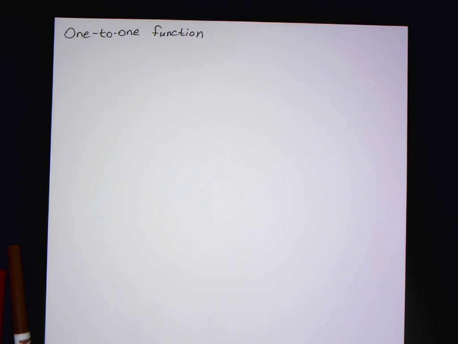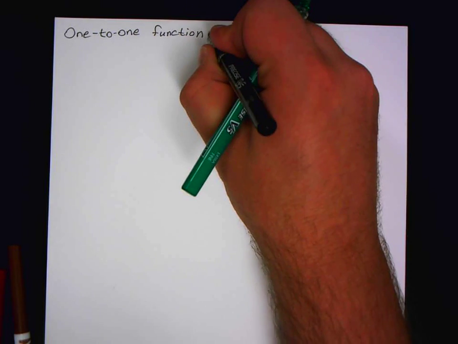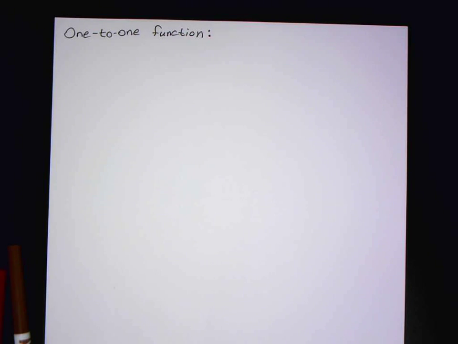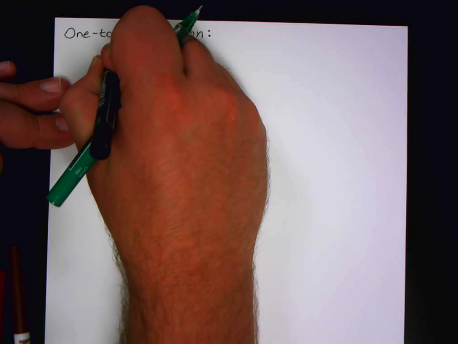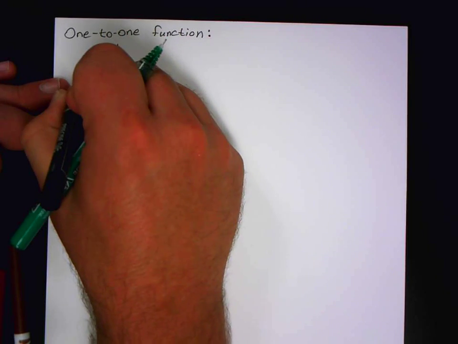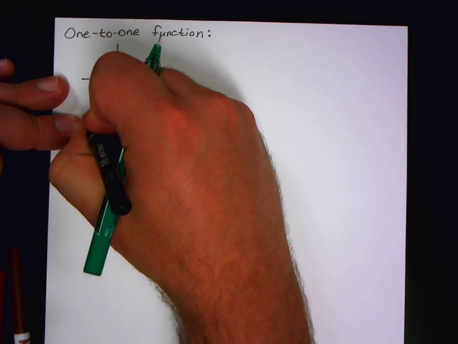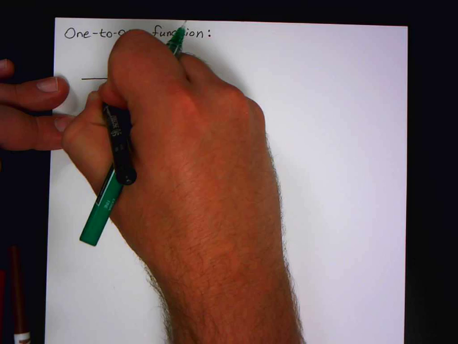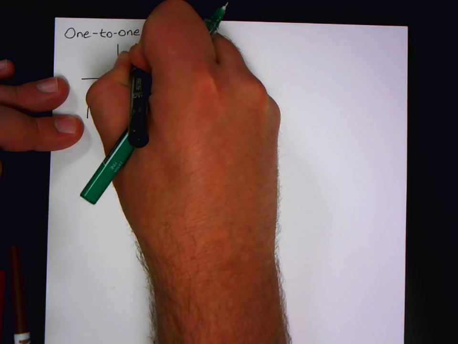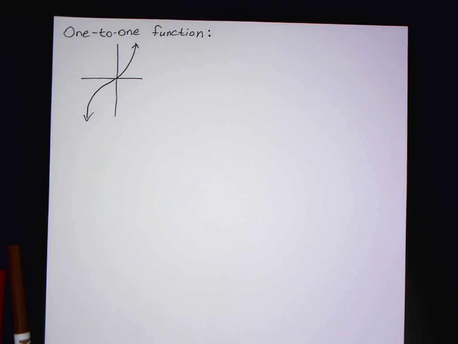Okay, one-to-one functions are very special functions. They're special functions because both the original and the inverse are both functions. An example graphically of a one-to-one function would be that.